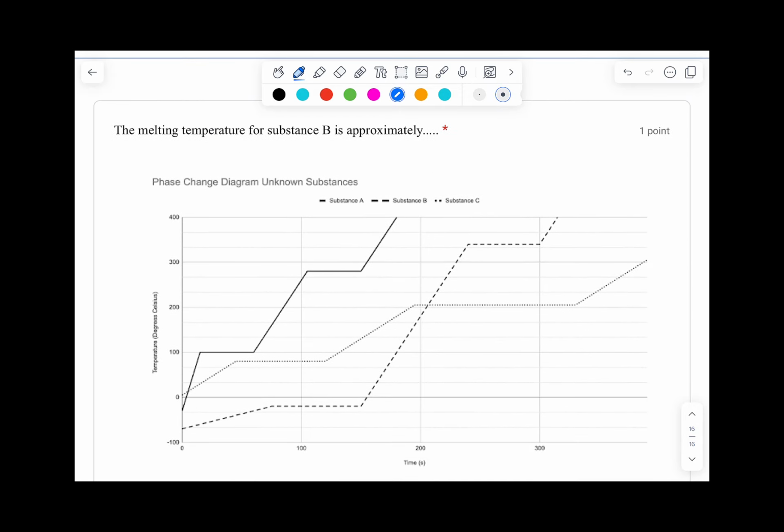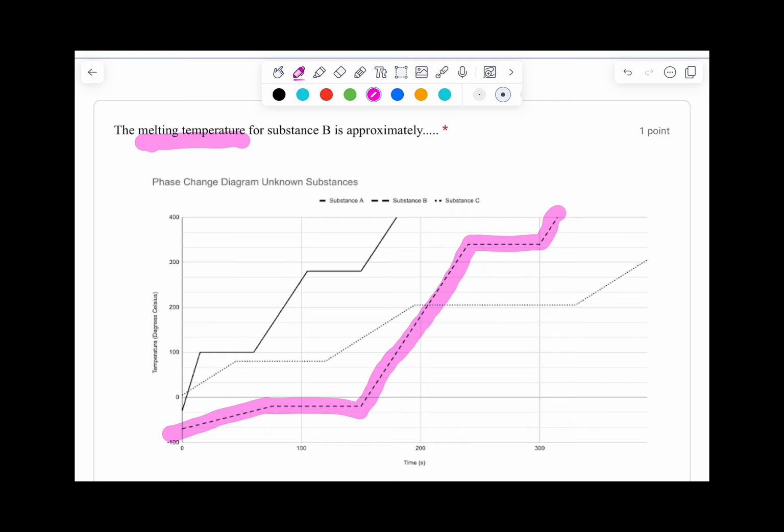All right, this next question, the melting temperature of B. So again, substance B is this substance right here. Sorry, I keep doing that wrong. Substance B, right there. The question is, what is the melting temperature for substance B?